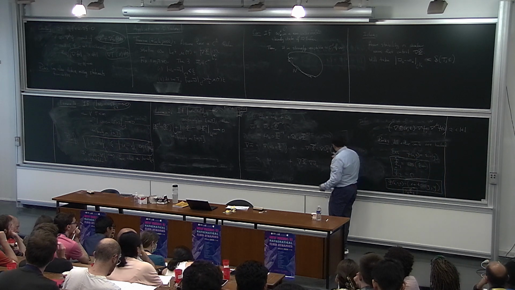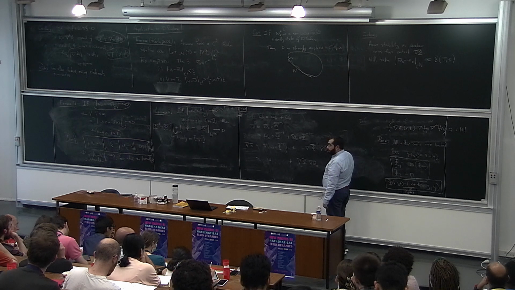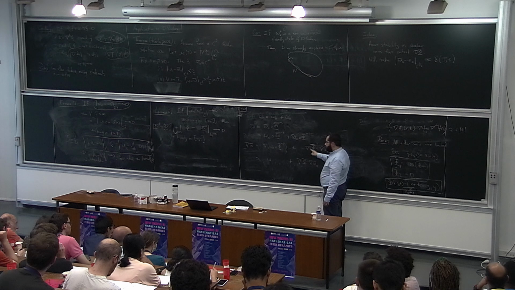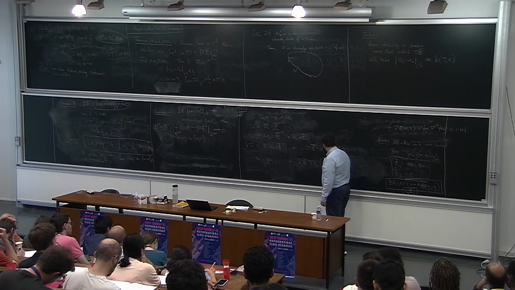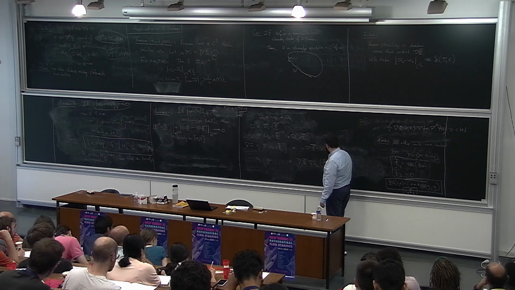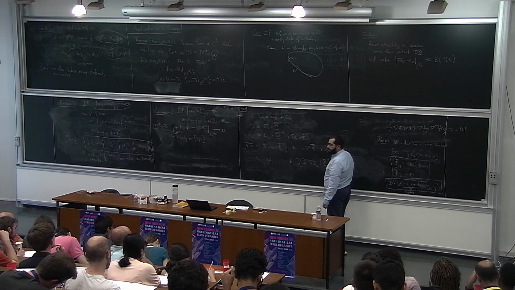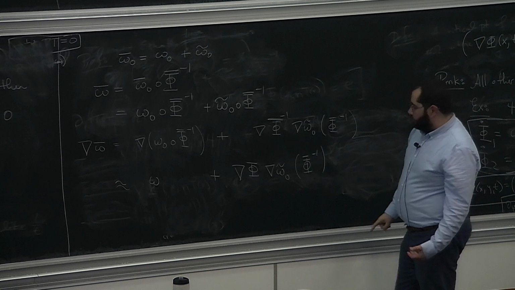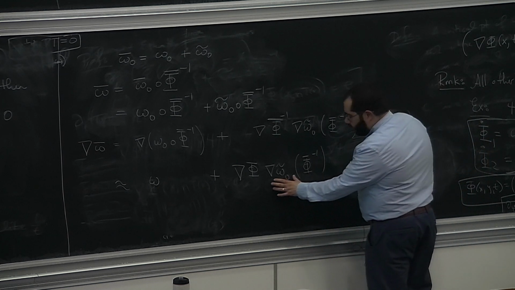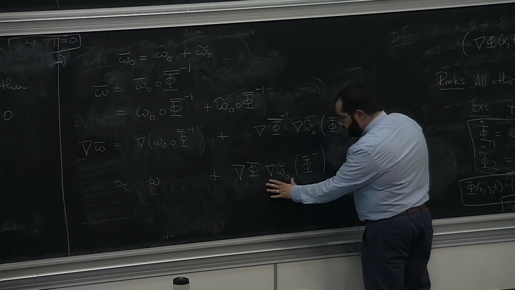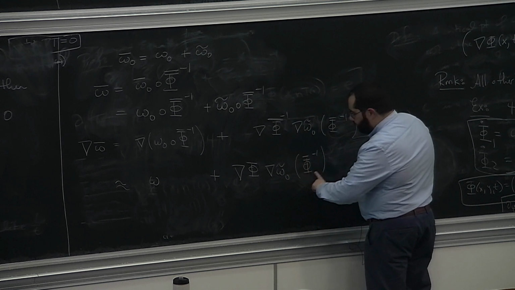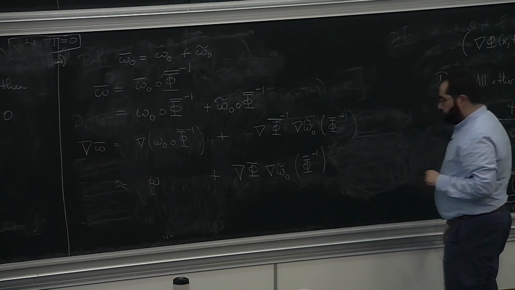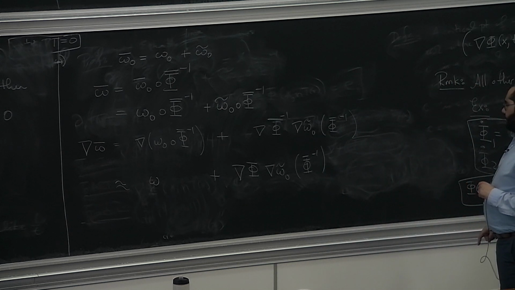So I cannot remove this bar, but I can remove this bar. Does that make sense? But I don't care about removing this bar, because this just says a point. You see what I'm saying? So now you choose omega 0 tilde so that at time t, whatever point is, wait a second, confused now.